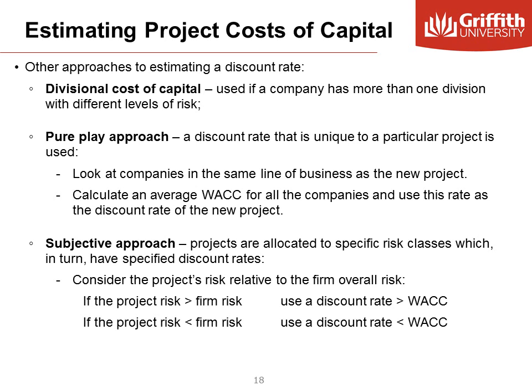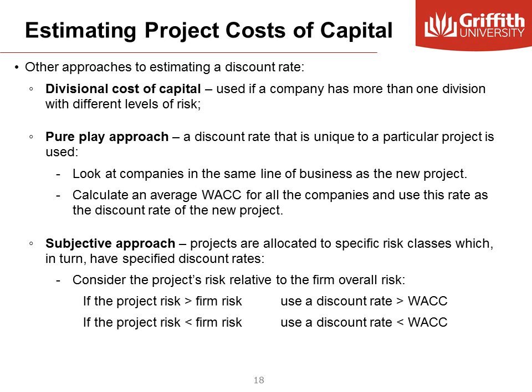What we do is look at other companies in the same line of business as the new project and calculate an average WACC based on each company's WACC. Then we use this average as our discount rate for the project that we investigate.